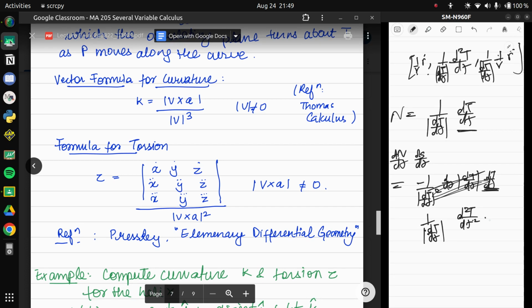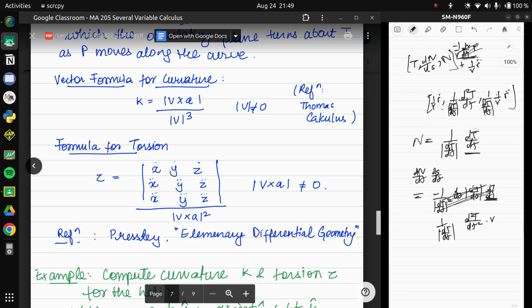So ds by dt is just v. So what do you really have? You just have this thing, t, this stuff, v, d squared t by dt squared, comma, 1 upon dt by dt.